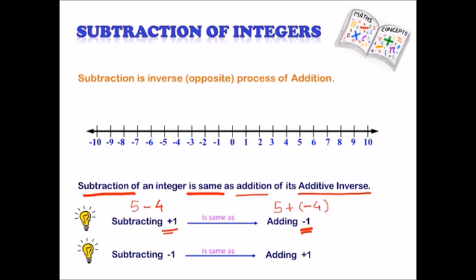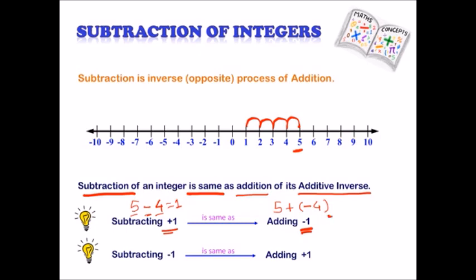Okay, so let's consider this example on the number line. We know for positive numbers or whole numbers we move towards left when we are subtracting, right? So we'll take 5 on the number line and we will move 4 places to the left, which gives 1, 2, 3 and 4. This is 1. Now this is addition of integers, right?